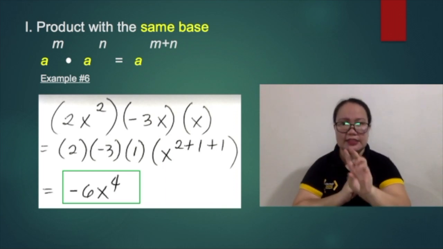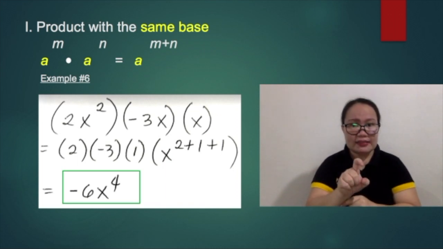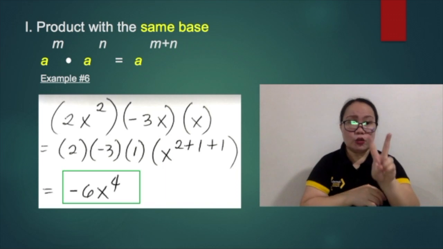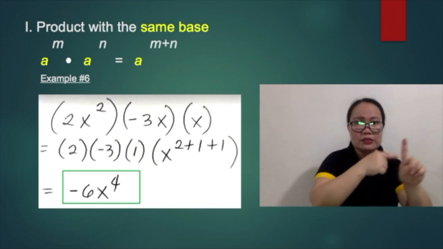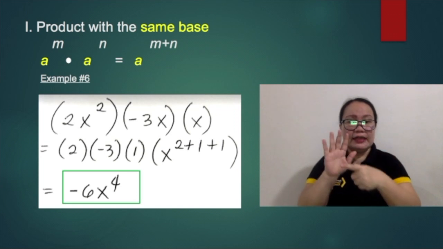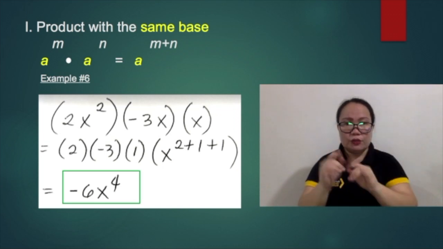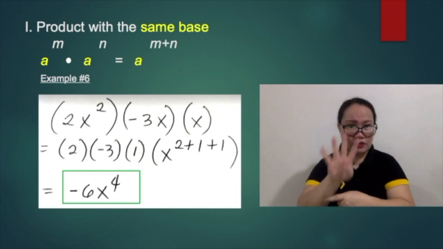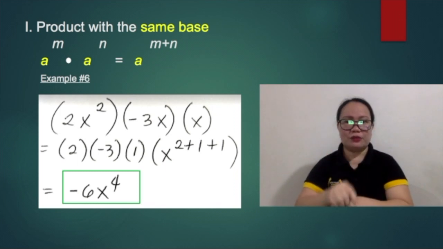And then for the x, you just have to add all its exponents, 2 plus 1 plus 1. So the answer is x to the 4th. So final answer, negative 6x raised to the 4th power.